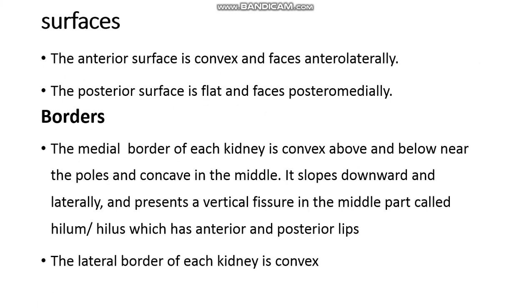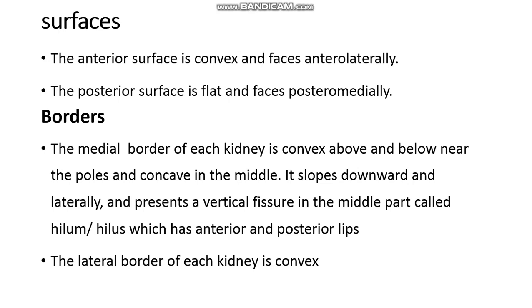Surfaces. Next we can see the surfaces. Each of the kidneys has two surfaces, the anterior surface and posterior surface. The anterior surface means the outer surface, which is convex in shape and faces anterolaterally. It is facing anteriorly and laterally.